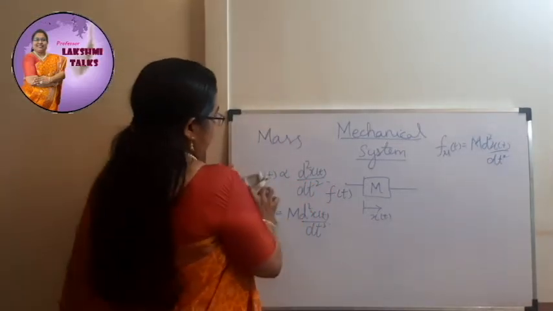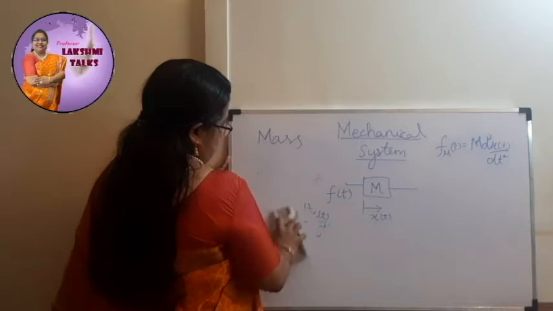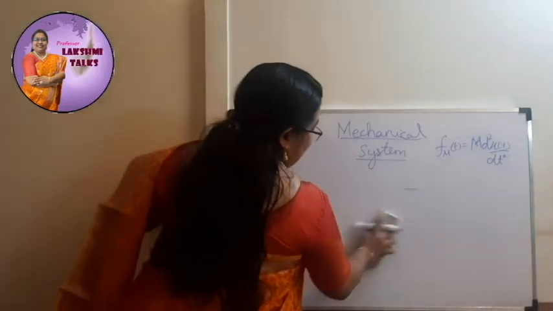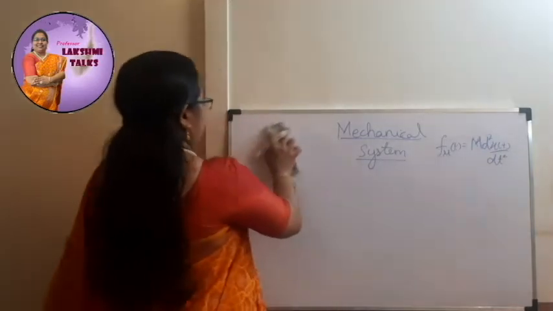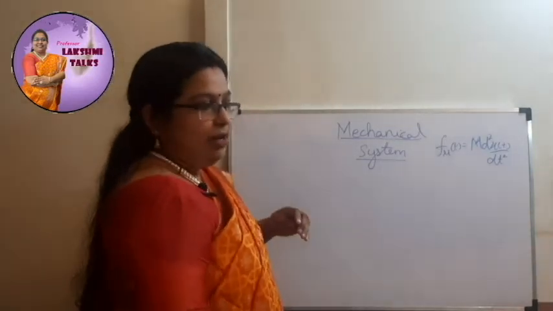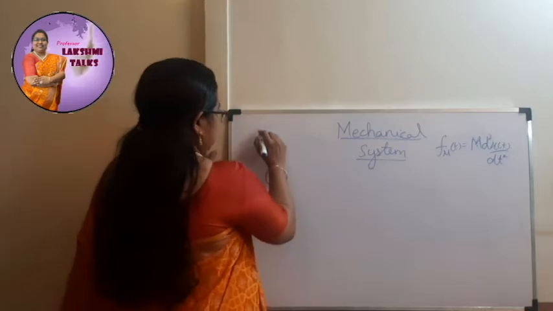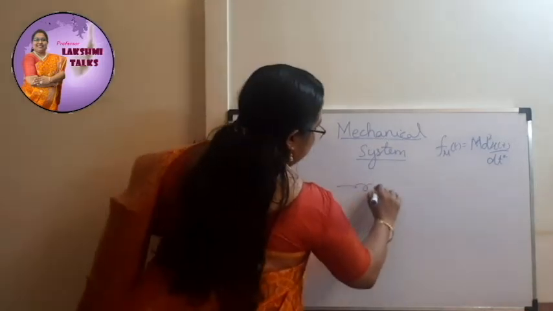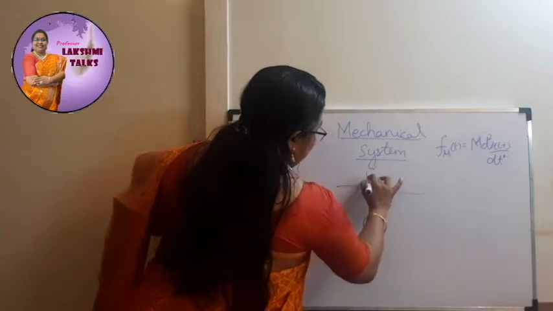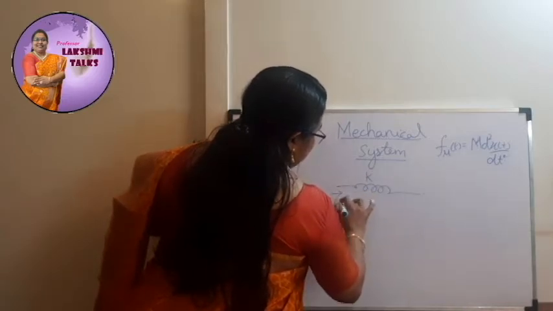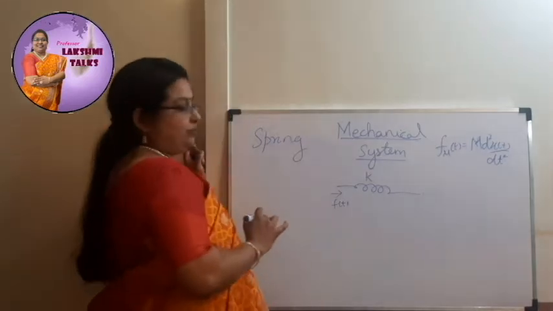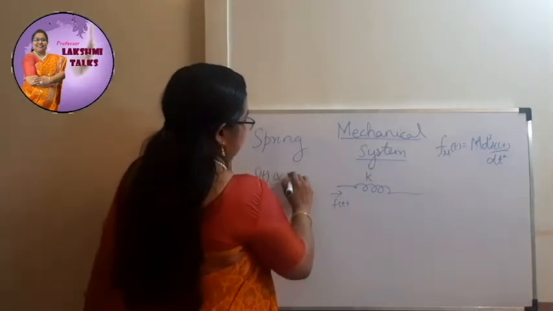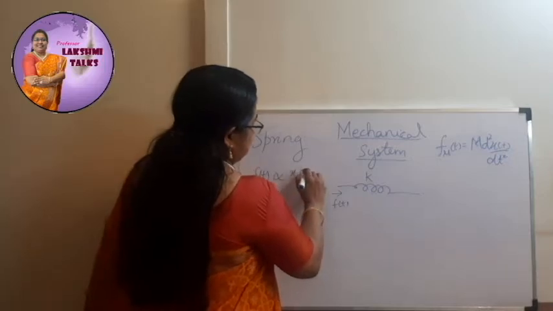Is this clear? Now we'll go for the spring. What does a spring do? Whenever you apply a force to a spring, what will happen? It either elongates or contracts, right? So whenever you apply a force to a spring, F of t is proportional to the displacement.